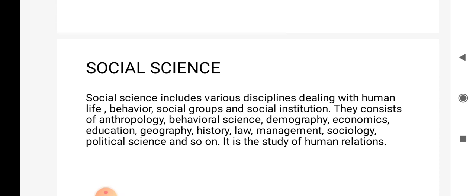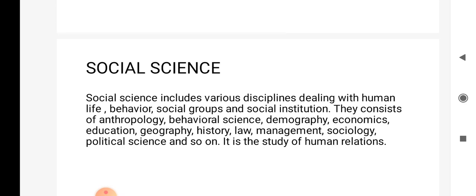And social science consists of various subjects like anthropology, that is a study of human behavior, human society, culture, and their development. Behavioral science, that is a scientific study of human and animal behavior. Demography, that is studying about the population.